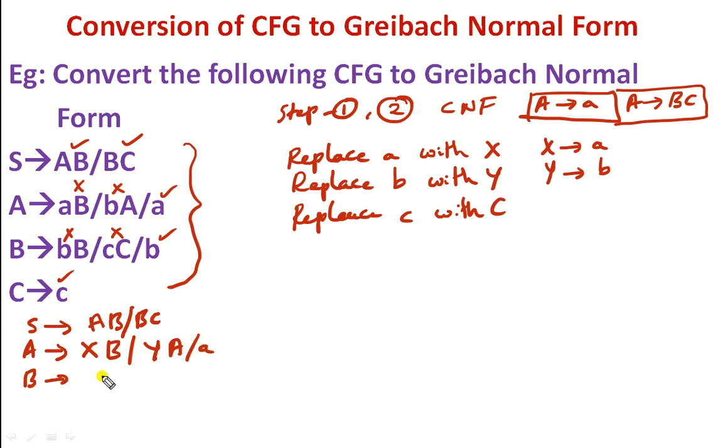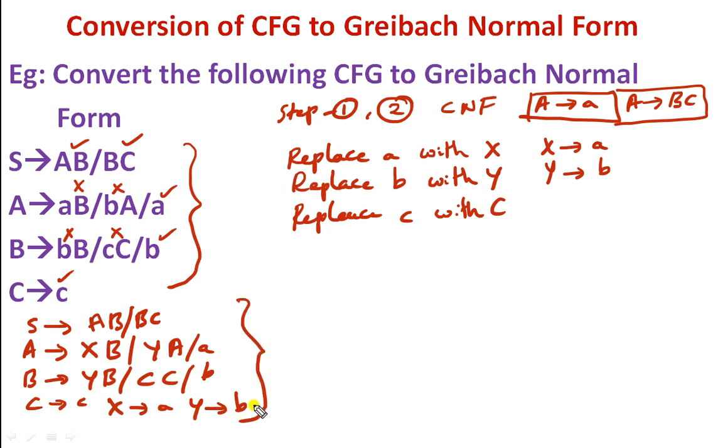B generates bB is replaced with YB or cC is replaced with CC or b. C generates small c, and what are the new production rules? X generates a, Y generates b. So these are the new production rules after converting the given context free grammar into Chomsky normal form.